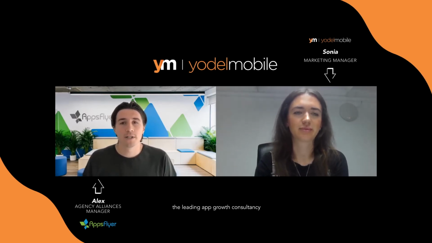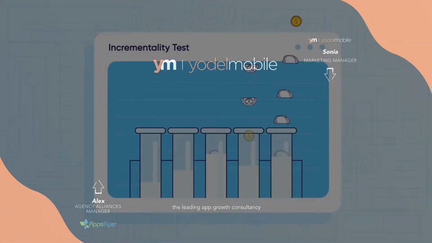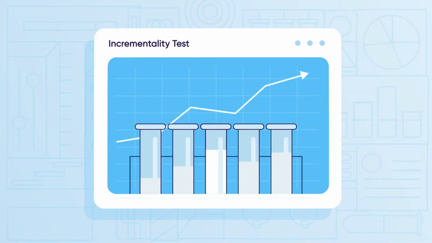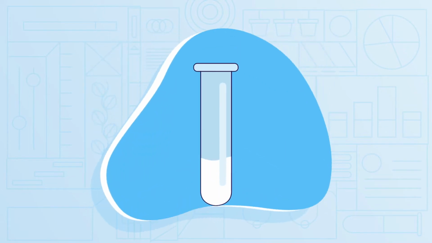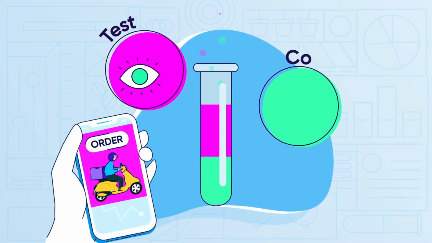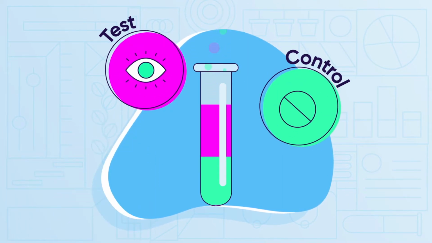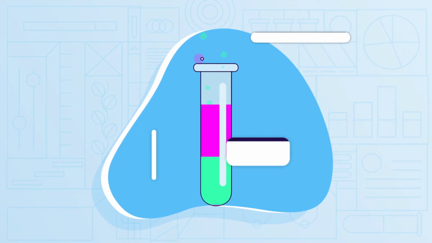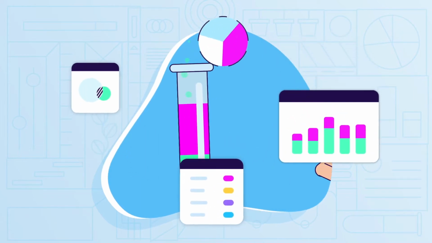So how it's done is, first you need to define your audience. We usually recommend an audience size of around 50 to 100,000 users, and you separate that audience into two groups. The first group is a test group, which are served the ads as normal, and the second group is a control group, which is held back and served no ads.